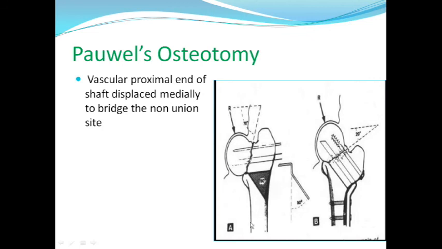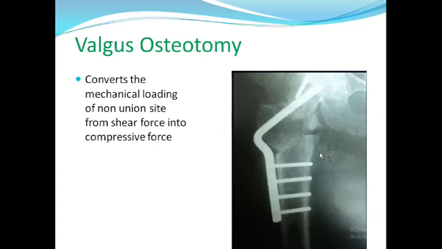Now we abduct the femur. Understood? This was the actual line. This line gets attached with this line. So somehow it will look like this after rotating it and fixing it. So this is Powell's osteotomy.